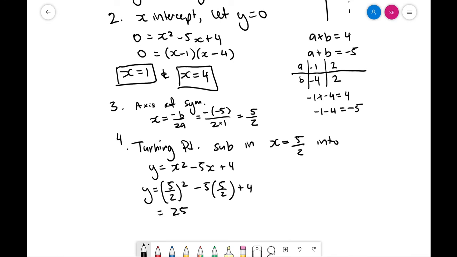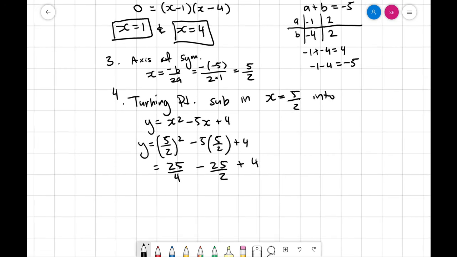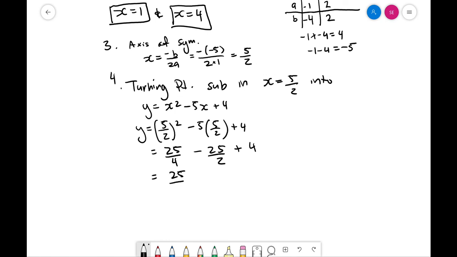So that'll give us 25 on 4 minus 25 on 2 plus 4. And let's simplify this a little bit. Make them all common denominators. Oops, I made a mistake, so this should be 16 on 4. And that'll give us minus 9 on 4.